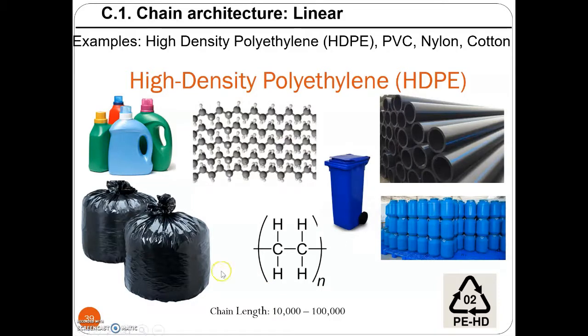So, for the same polymer, for example, the high density polyethylene, we can use it as trash bags, as bottles, and if we increase the chain length, we can go to different kinds of garbage boxes, big bottles, also pipes.